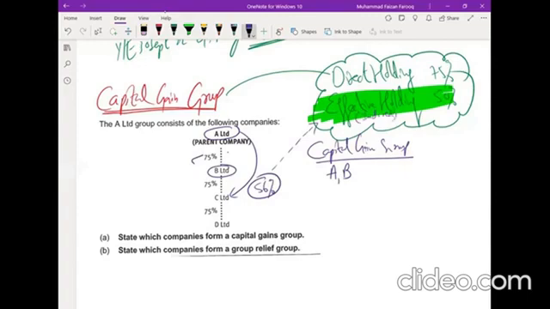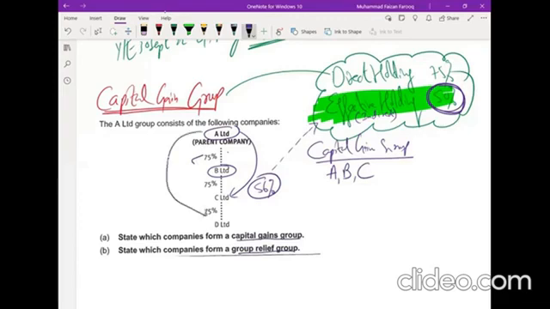Indirect. Indirect percentage is now not 75. 75% is in group relief. But for the capital gains group, the indirect percentage is reduced to 50%. So C will be part of capital gains group.